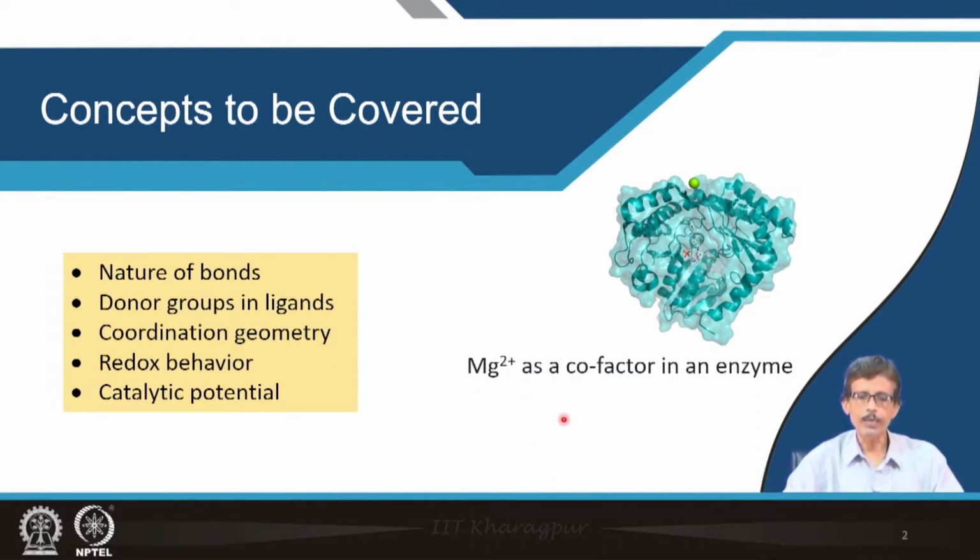This is nothing but a magnesium 2+ center, which is a cofactor in an enzyme. Many of these metal ions serve as very good cofactors for metalloenzyme activity, that means it must have some role to play in its enzymatic activity. And if it is magnesium 2+, we all know that magnesium 2+ cannot undergo electron acceptance and electron donation behavior. So, it will not function as a redox catalyst.